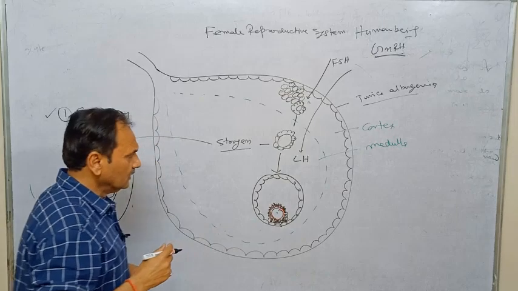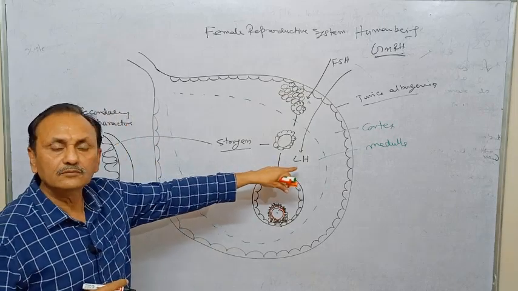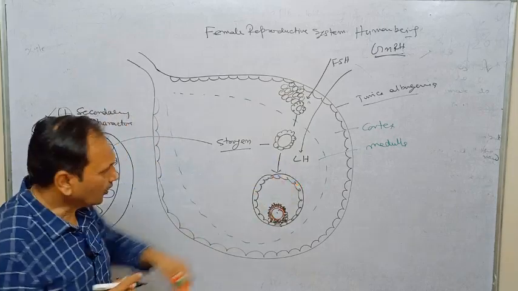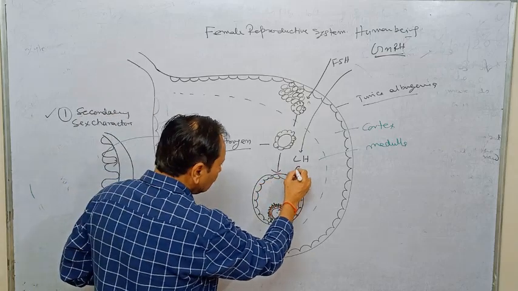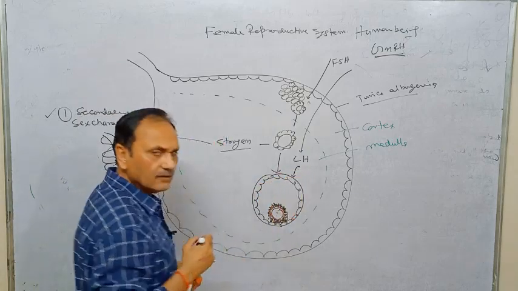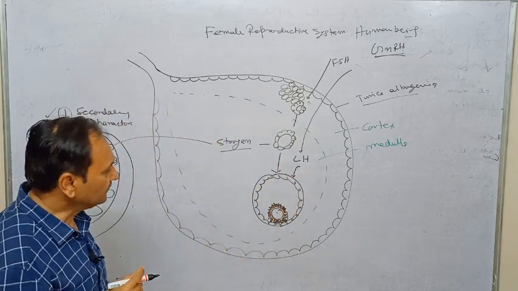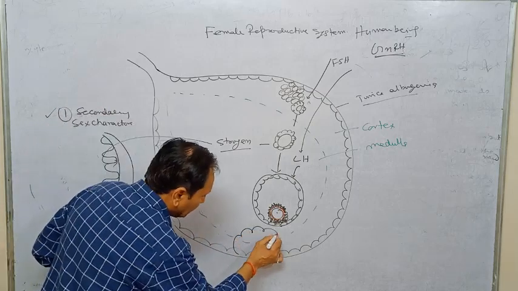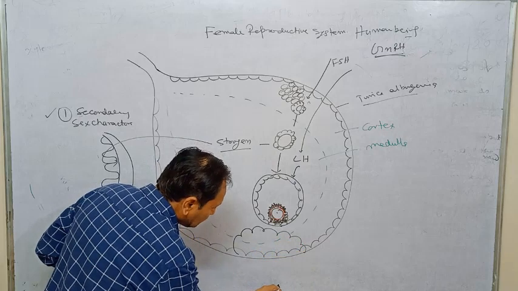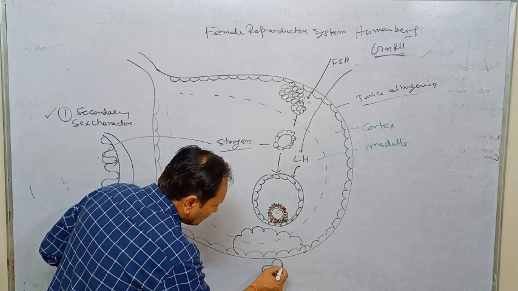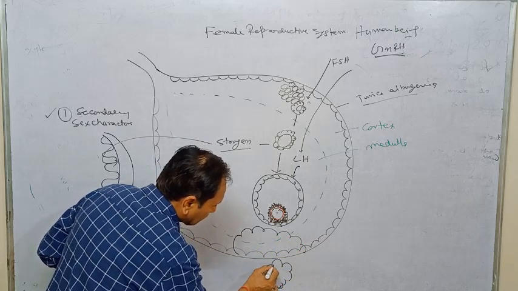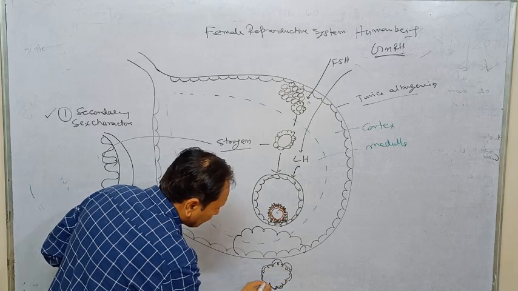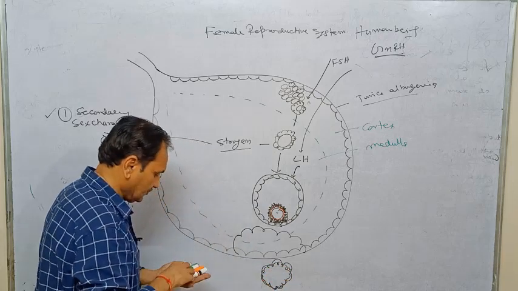This LH is called luteinizing hormone, and it acts upon this particular growing secondary oocyte or the Graafian follicles. What happens? It comes here, and the release of this one.